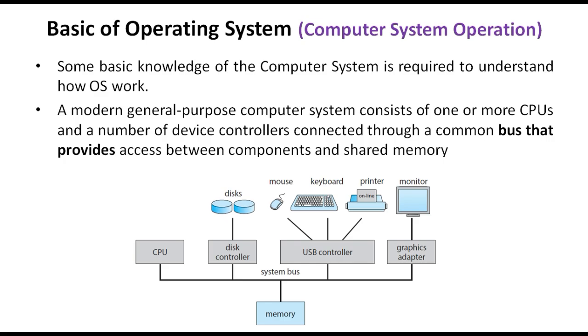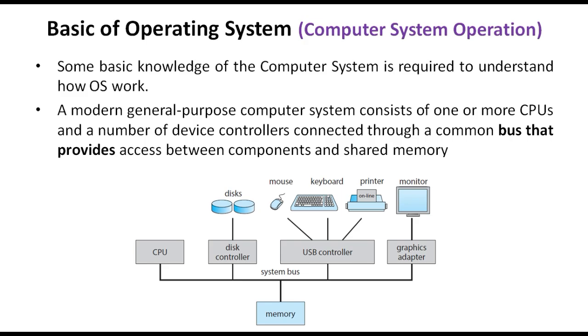Therefore, a modern general purpose computer system consists of one or more CPUs and a number of device controllers connected through a common bus that provides access between components and shared memory.